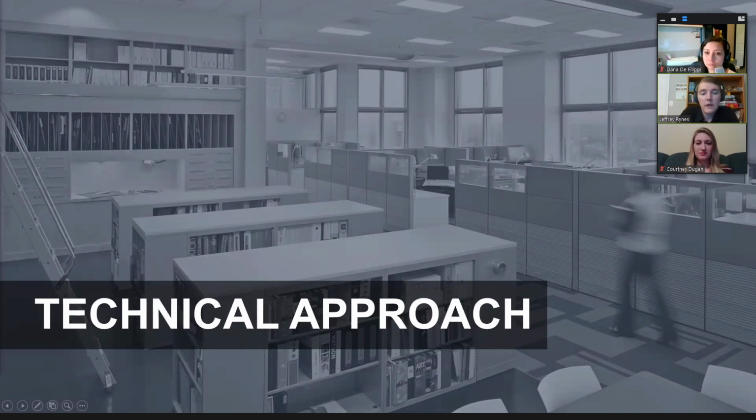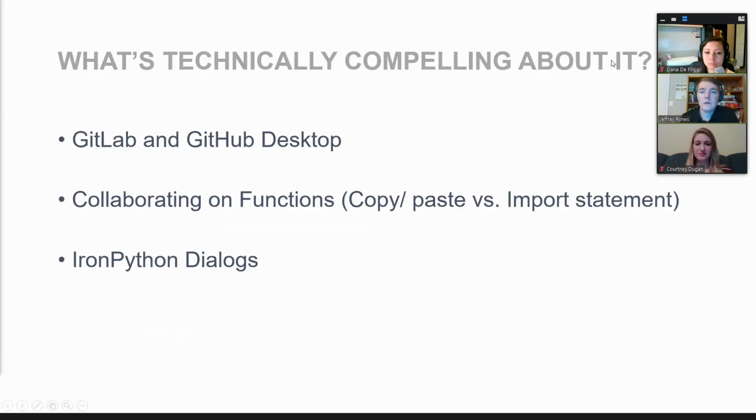So at this point, we'll start to pivot into more of a technical deep dive. So far, it's been general concepts and ideas. Now it's going to get a little bit more on the technical side of the house. So that third point at the beginning of the presentation, what's technically compelling about this?